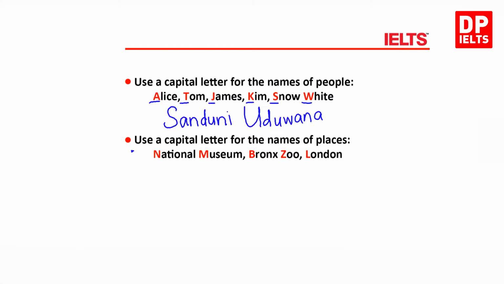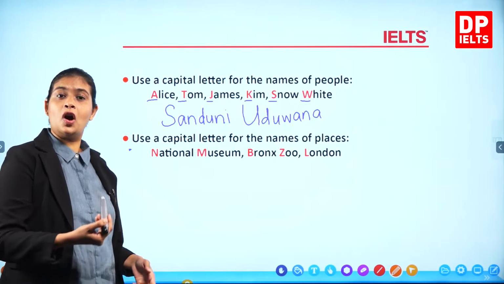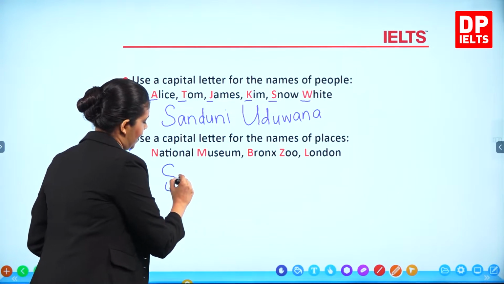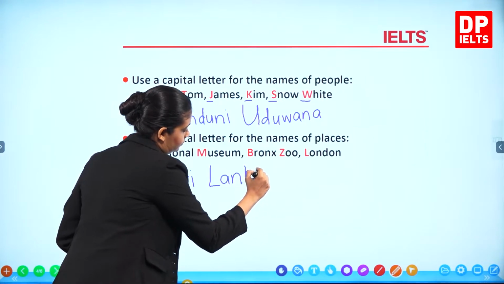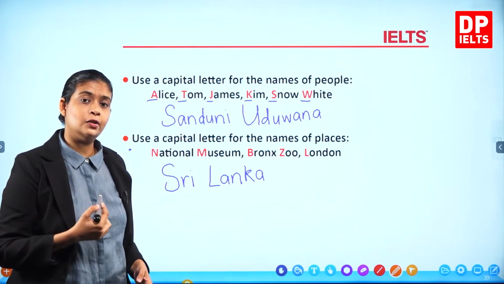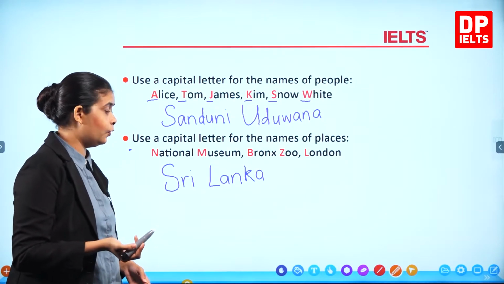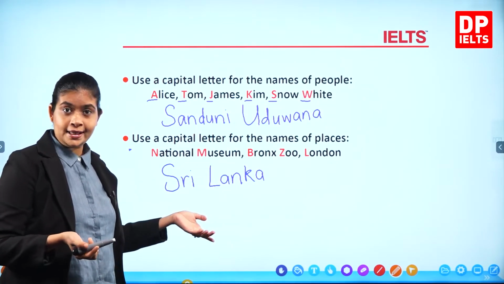When writing the names of places too, the first letter of the place's name must be a capital letter. For example, National Museum, France Zoo are names of zoos. So in these, letters like N, M, F, Z must be capital letters. Places where we live, our country, Sri Lanka, S capital. Right? So I live in this town called Nugegoda, which is in Colombo. And the name of the place is Nugegoda.